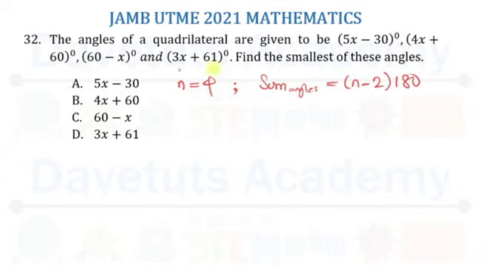So in this case, we need to just sum all of these angles that we have and equate them to that 360. So that sum will be 4 minus 2 times 180, and 4 minus 2 times 180 is 2 times 180, which is 360.